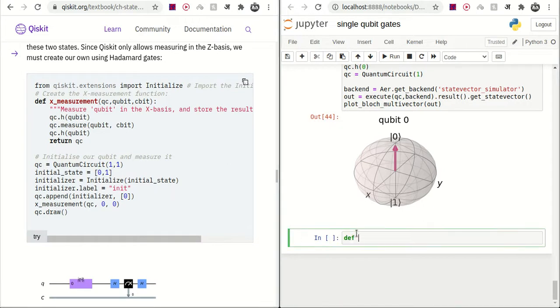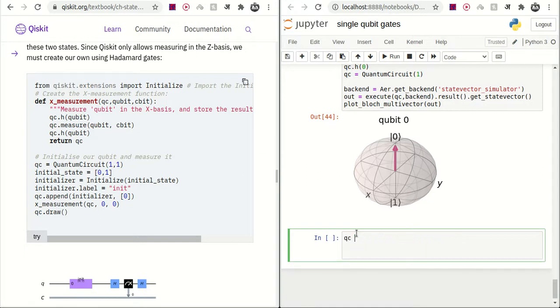We define a measurement. We define a quantum circuit, giving the quantum qubit and control bit. Because we are measuring here, we also make a classical bit, so 1 comma 1.